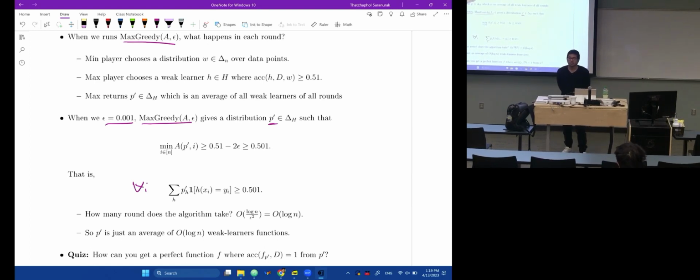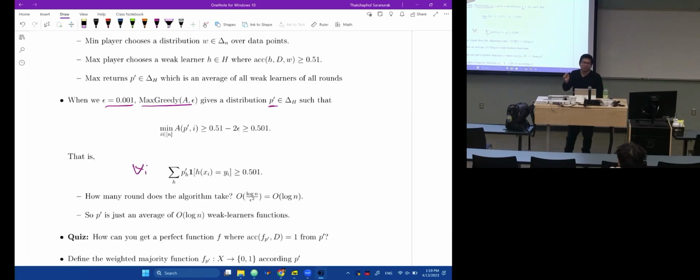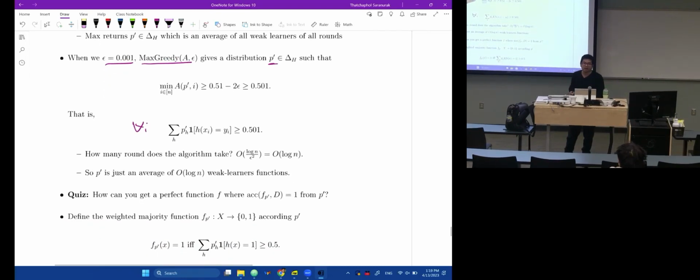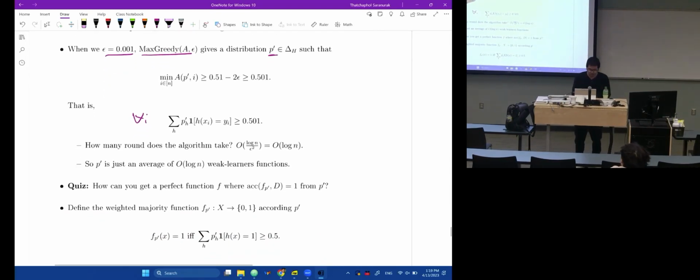Exactly. For every point, you have log n weak learners of which more than half predict correctly. For another point, the set that is correct may be different, but that set is still more than half. So if you just take the majority pointwise, you're done, right?